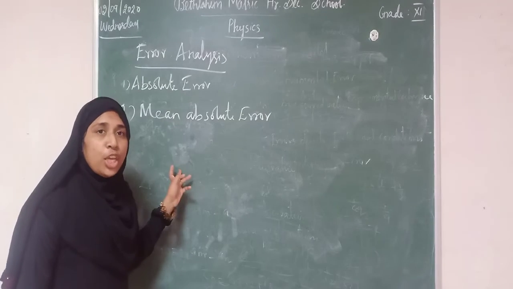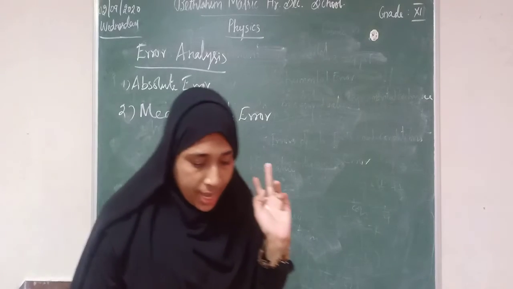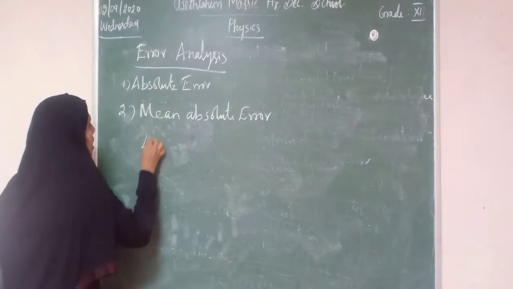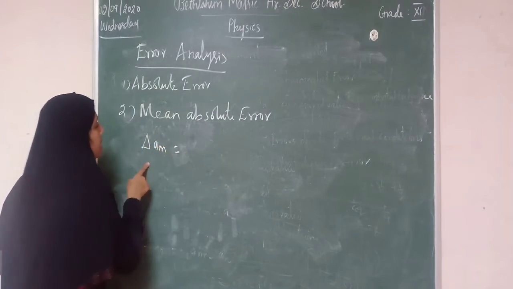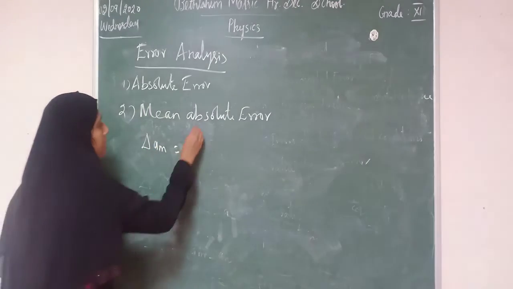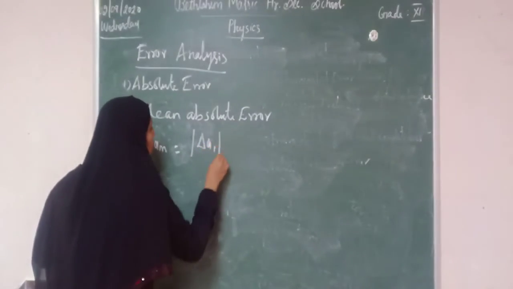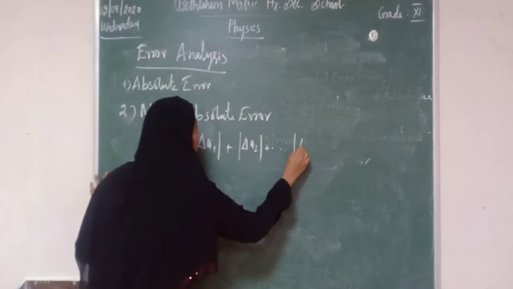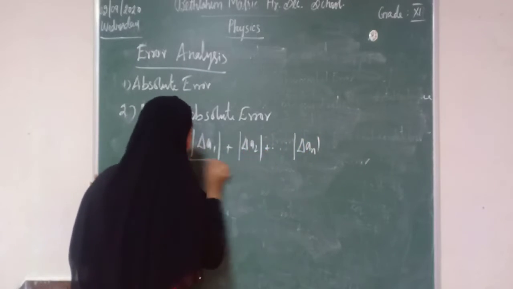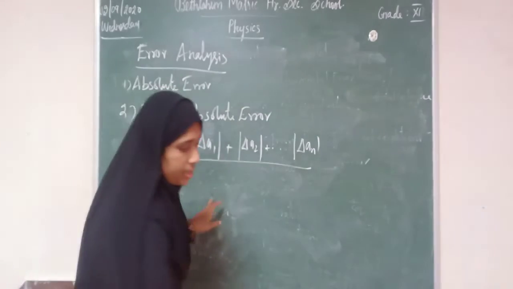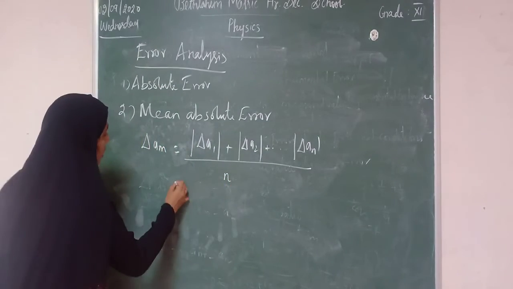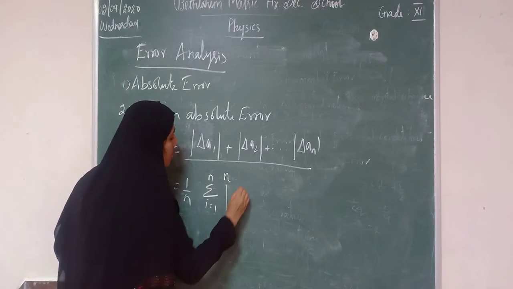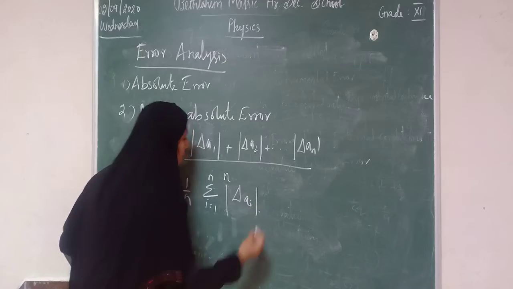So delta AM can be written as the mean absolute error. What is that? Modulus delta A1 plus modulus delta A2 plus etc. plus modulus delta AN divided by N. So it can be written as 1 by N into sigma i equal to 1 to N modulus delta AI.